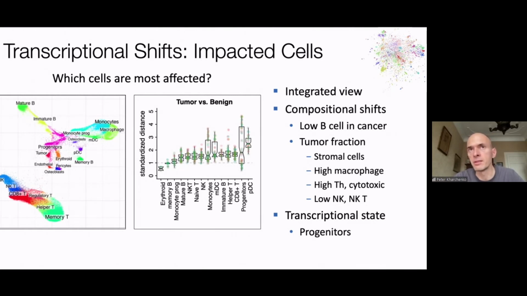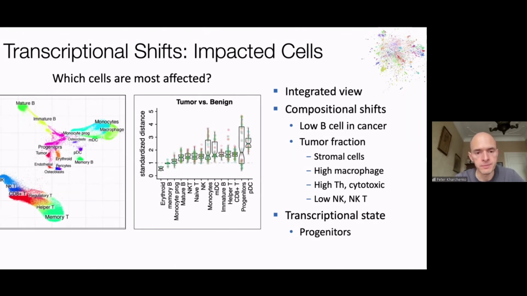Some have more mRNA molecules, and you end up having deeper coverage of these cells. So what's shown here is a standardized distance. It's a distance between conditions, between, let's say, tumor and controls in this case, divided by the distance within conditions, so the distance, let's say, between controls. And that gives you some kind of prioritization of cell types, in this case, progenitor cells, for instance, or PDC cells most changed.